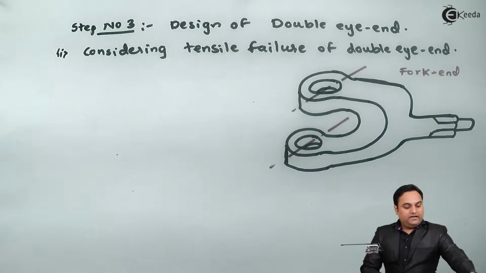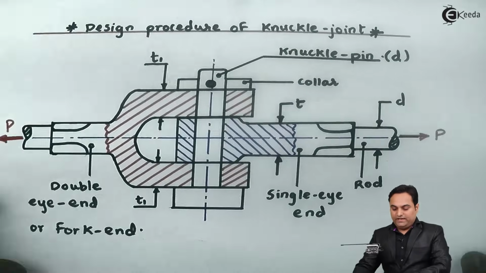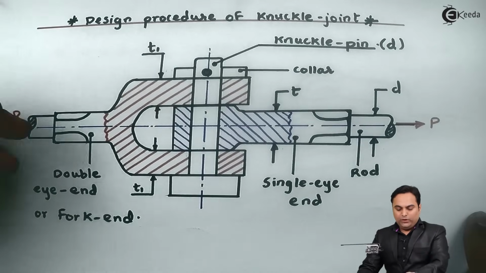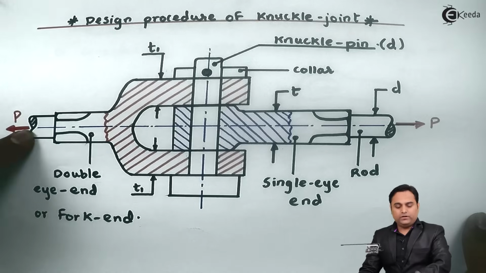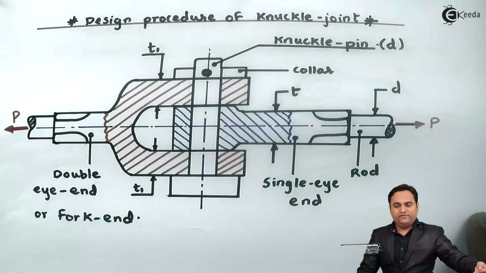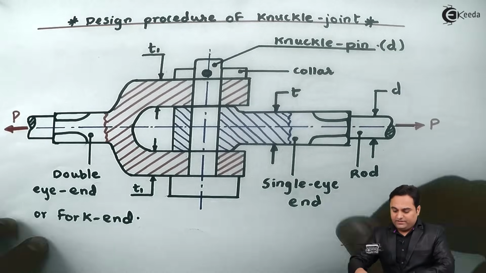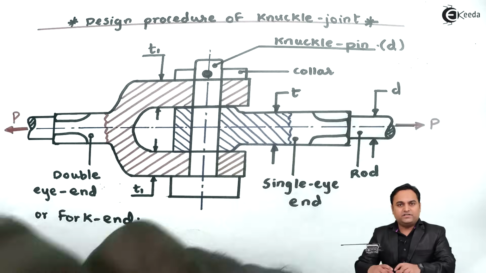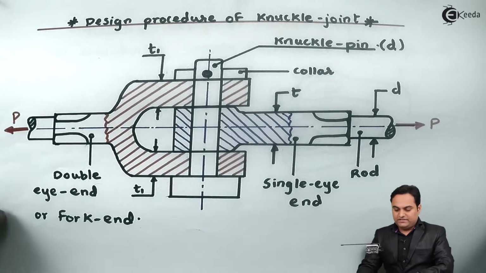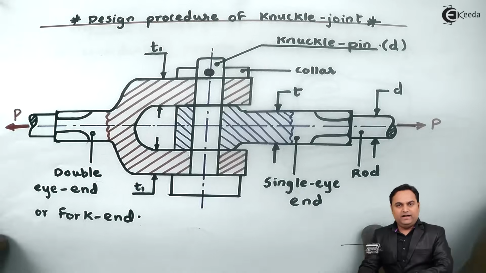If I can explain that with the help of the original diagram, here when we are pulling this double eye end towards left, there are chances that it can break into half from this center line, break into 2 pieces like it was there for single eye end.